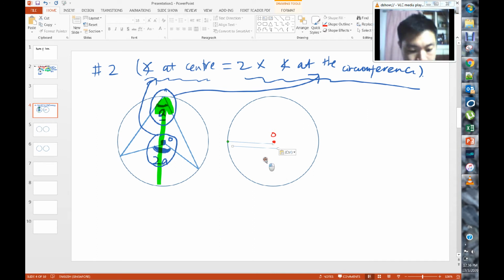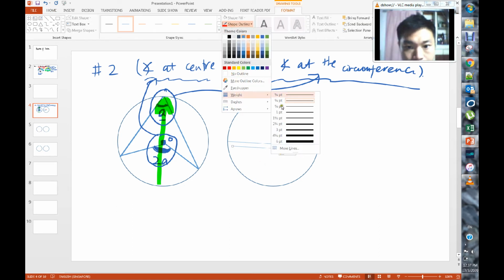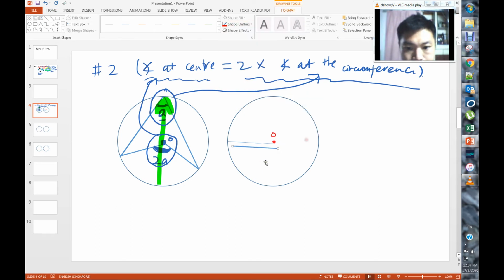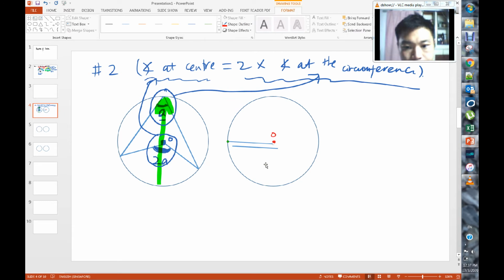Let me make the lines thicker before we continue. Good, this is good enough. Once again, let me make 2 more lines.